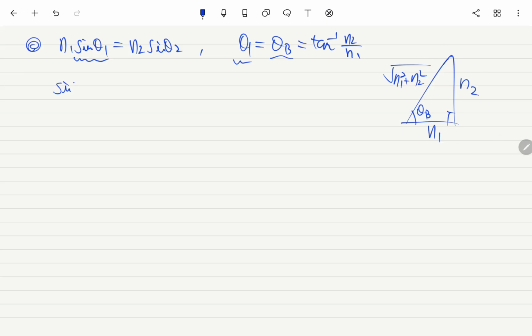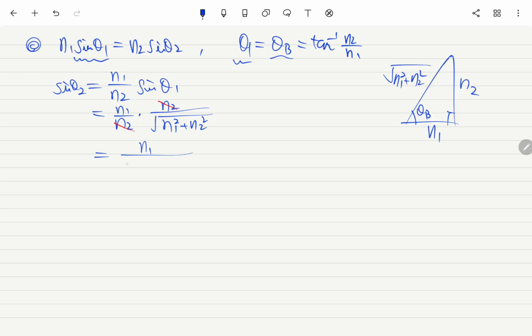Sine of theta 2 will be N1 over N2 sine of theta 1, and according to the right angle triangle, sine of theta 1 will be N2 over square root of N1 square plus N2 square. So we may cancel this N2 with this N2. In that case, this is nothing but N1 over square root of N1 square plus N2 square.